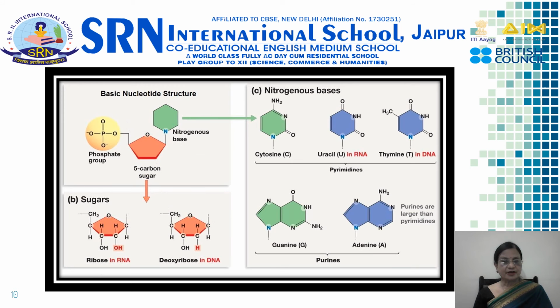Now these 5 carbon sugars, that is pentose sugars, are of two types, ribose and deoxyribose. Ribose sugar is present in RNA and deoxyribose in DNA.